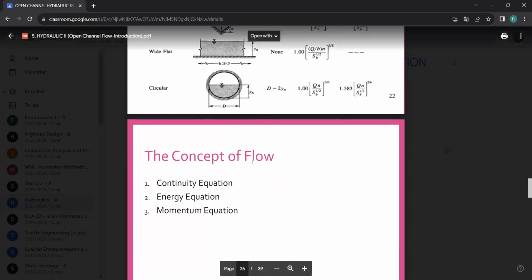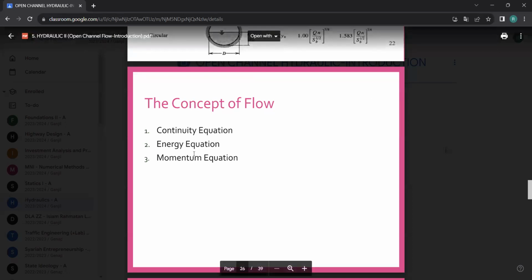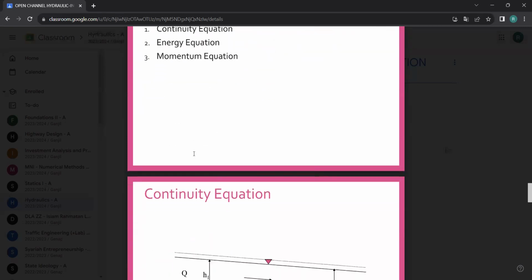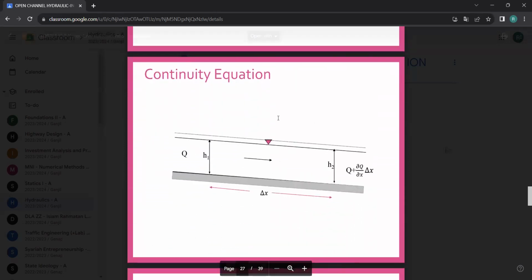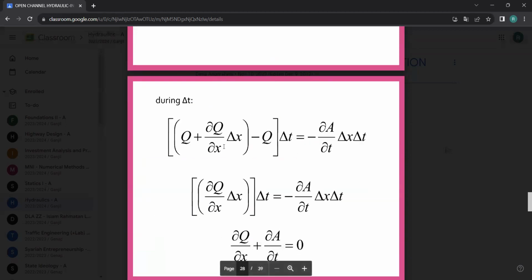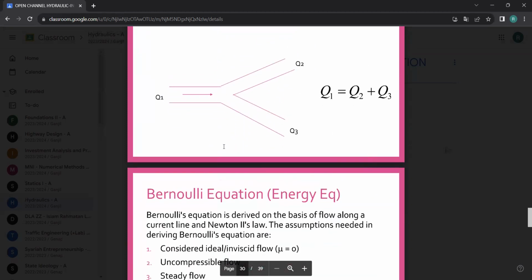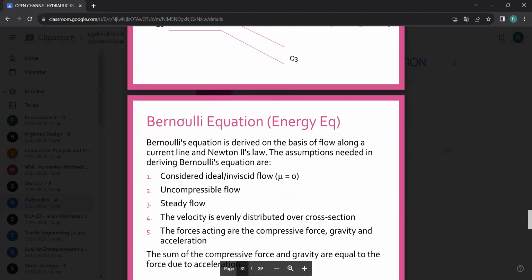Next is the concept of flow. There are three equations. The first is continuity, the second is energy, and the third is momentum. This is the continuity equation, and this is the Bernoulli equation. Bernoulli equation is derived on the basis of flow along a streamline and Newton's second law.